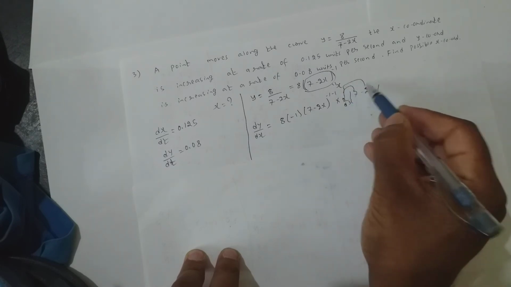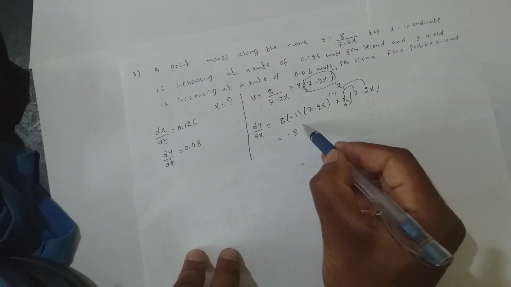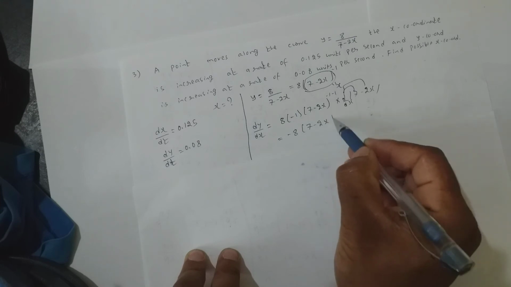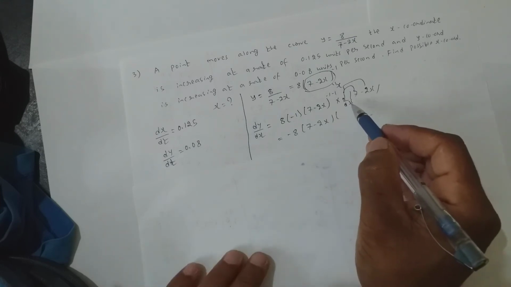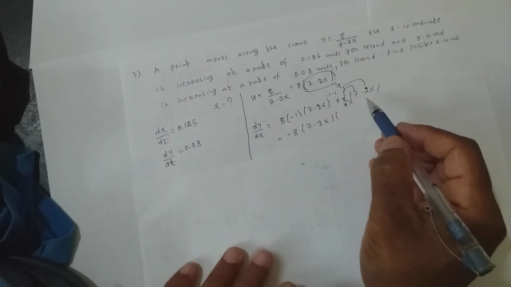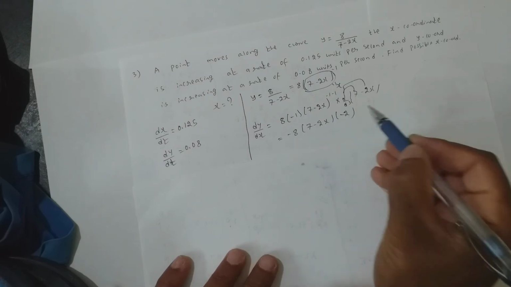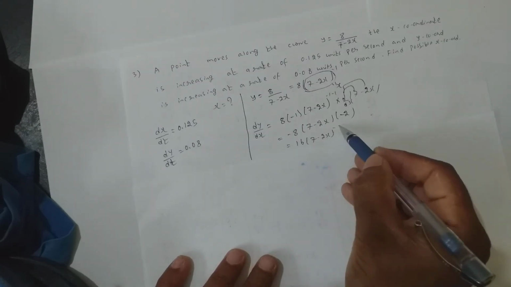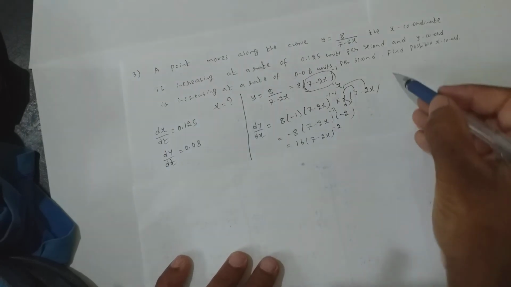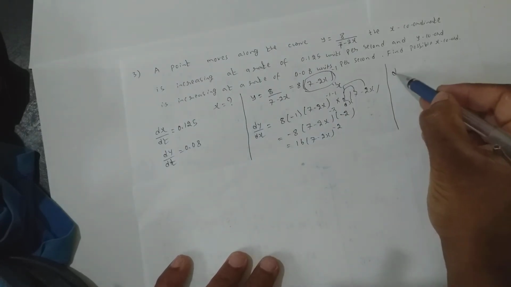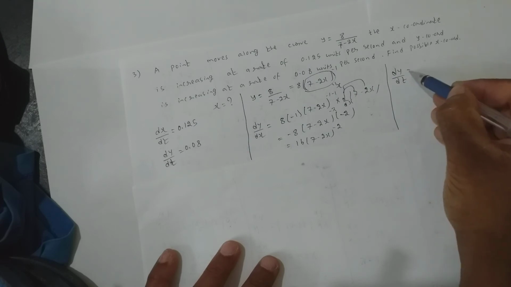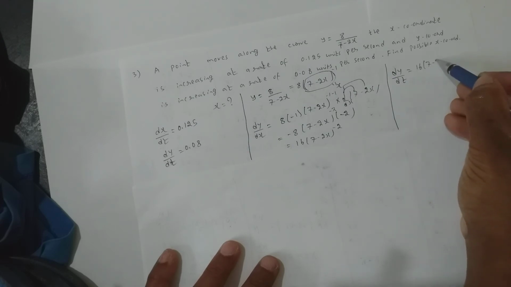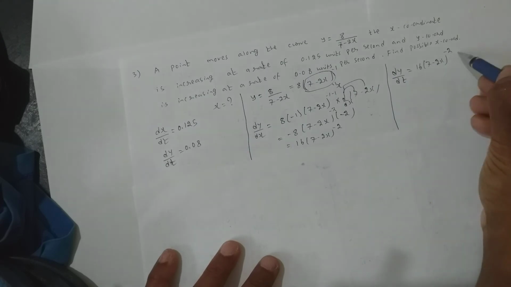This gets applied to this and also to this. So it is minus 8 into (7 minus 2x) power minus 2 into, for 7 it is 0, for minus 2x it is minus 2. So this is 16 into (7 minus 2x) power minus 2. From this I can write dy by dt equals 16 into (7 minus 2x) power minus 2 into d by dt of x.